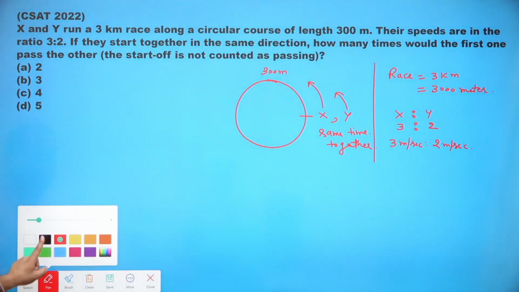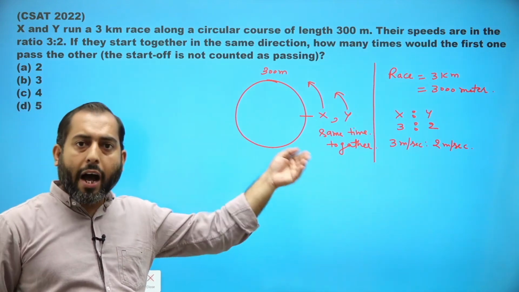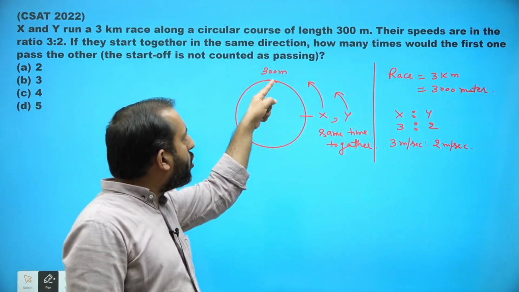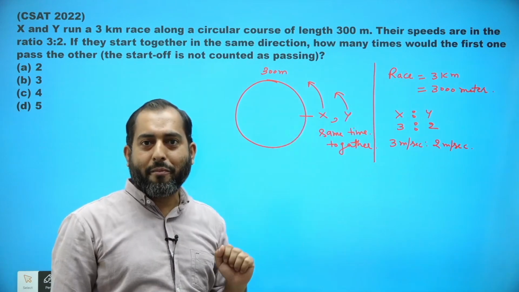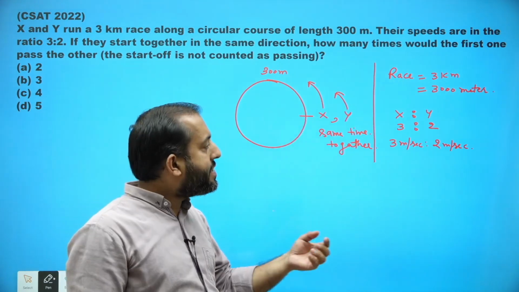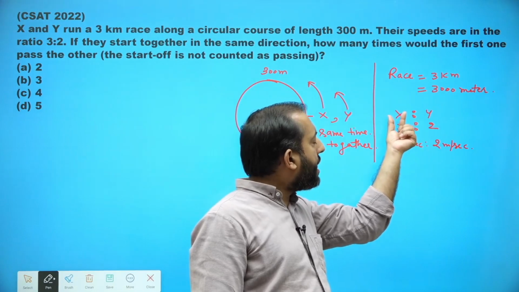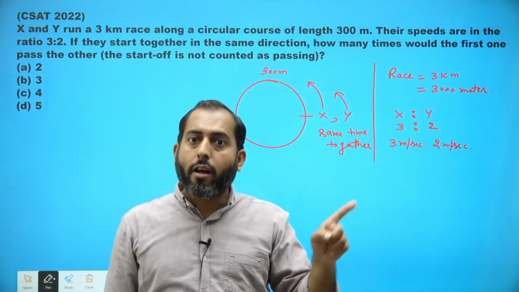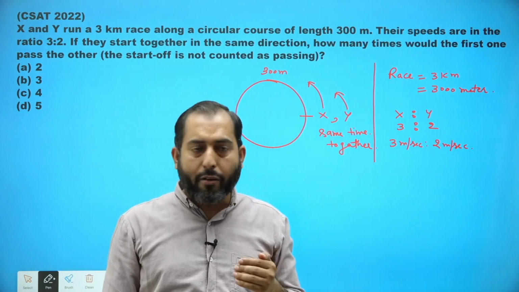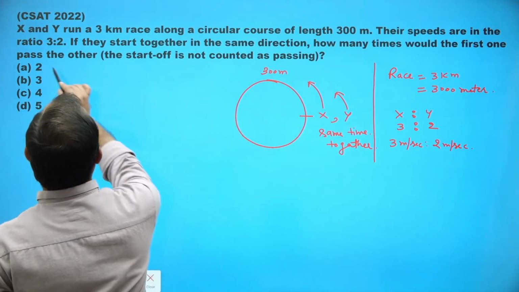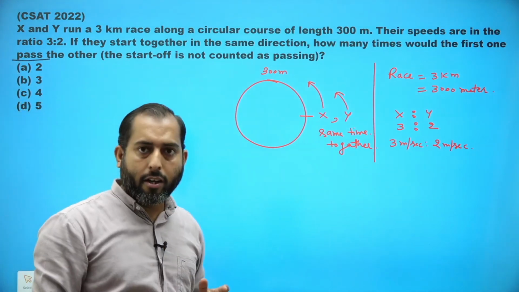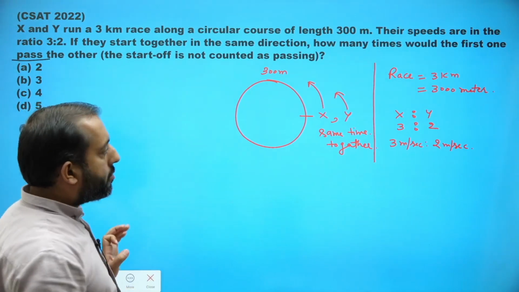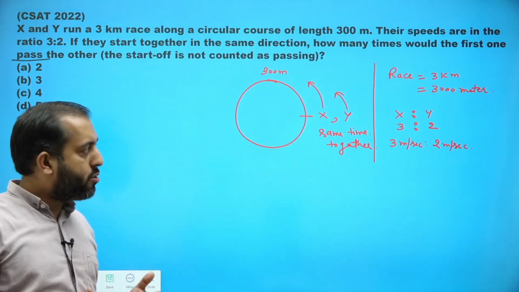See, obviously the runner with higher speed will pass the slower runner when he goes 300 meter ahead of him. Or I can say, if X covers 300 meter more as compared to Y, then definitely X will meet Y in between, and he will pass Y or overtake Y. So in every 300 meter, let's check it out.